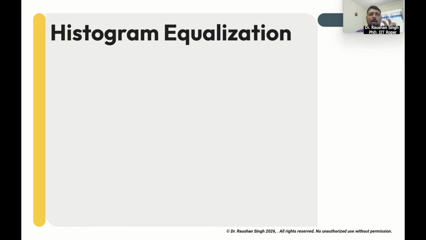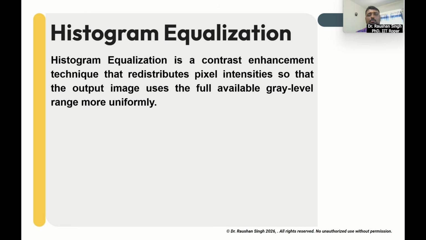Some places will be too dark and some places will be too bright. That should be adjusted correctly, and that process is done using histogram equalization. The actual definition is: it's a contrast enhancement technique that redistributes pixel intensities so that the output image uses the full available gray level range more uniformly, so that our eyes will be able to catch it correctly.